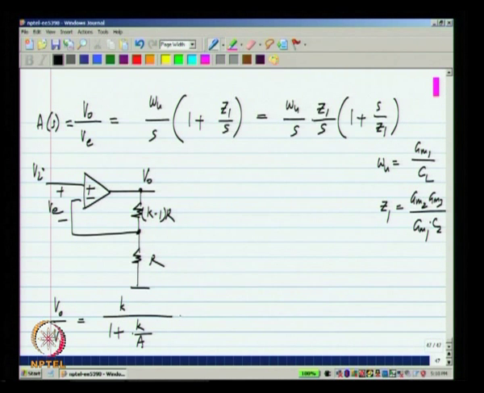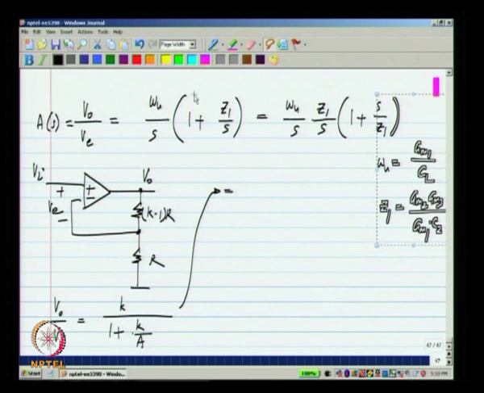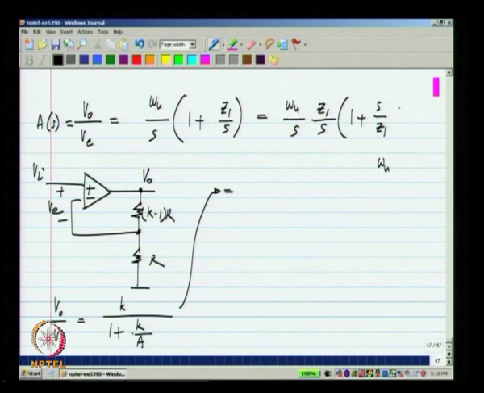And this will be nothing but k times the reciprocal of this whole thing.